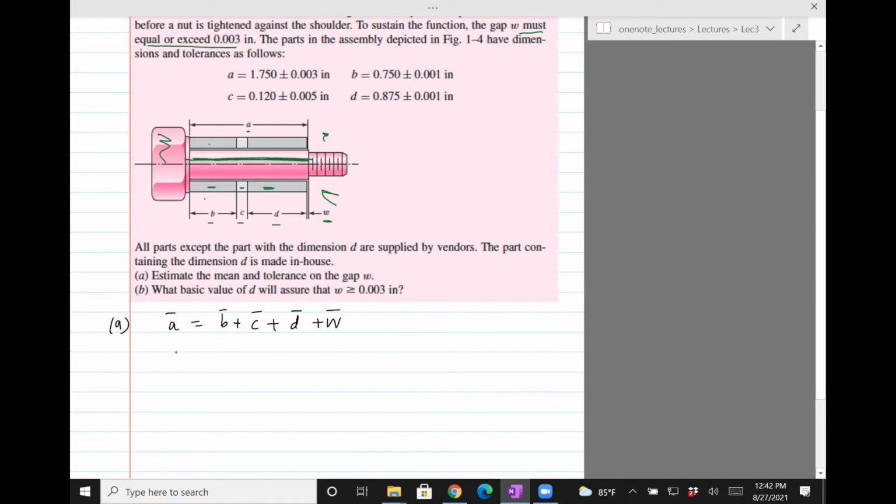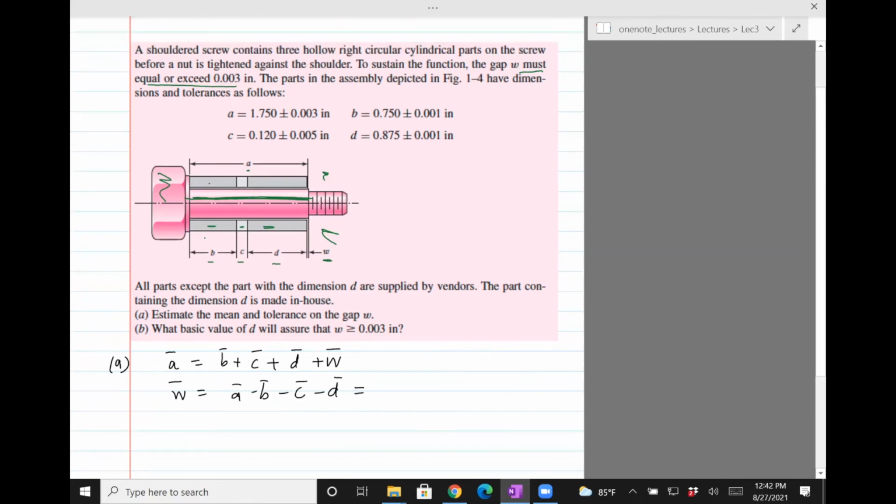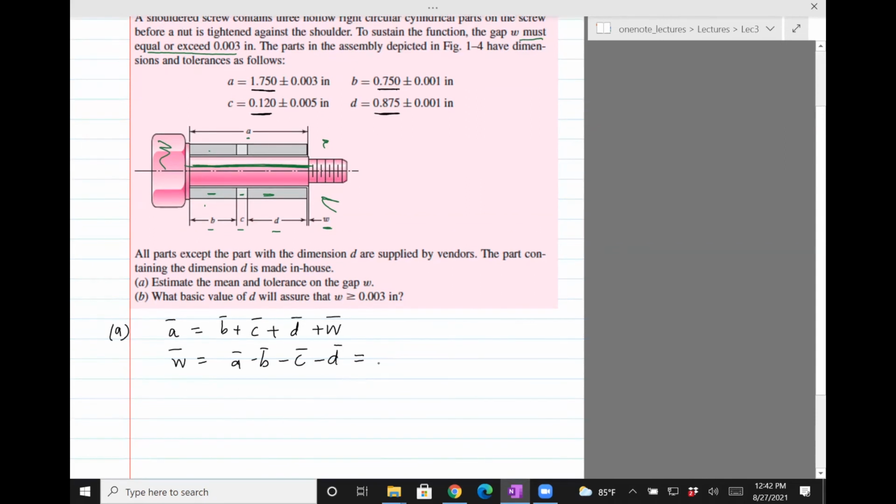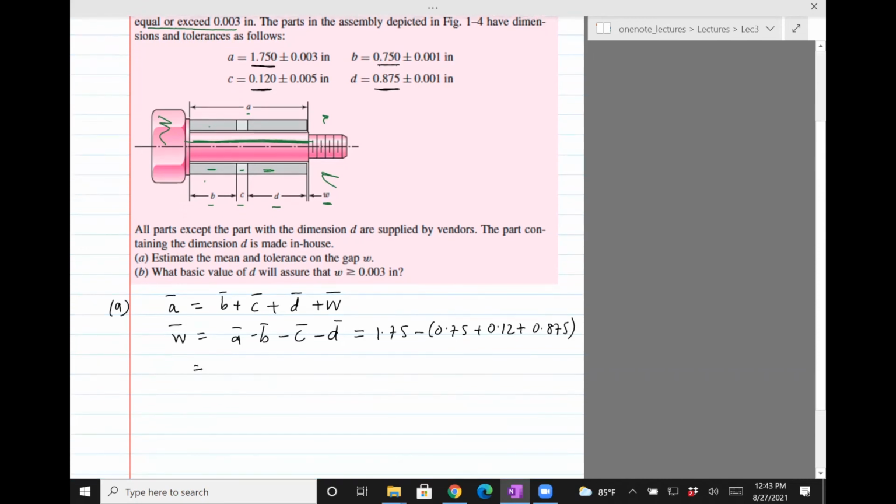So then we can find W mean as A minus B minus C minus D. If you plug in the numbers, where A mean is 1.75, B mean is 0.750, C mean is 0.0120, and D mean is 0.875, if you do that, you get 0.005 inch.